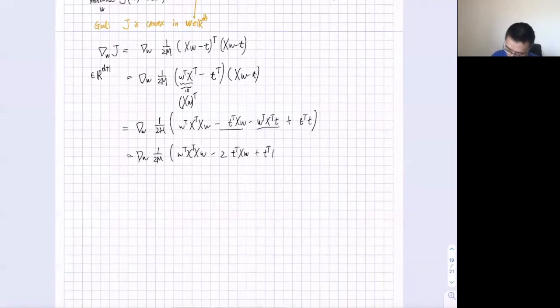Now I'm going to take the partial derivative of each term. And by matrix calculus, we know if you have a quadratic term, then the partial derivative with respect to the vector is 2SW. Okay.